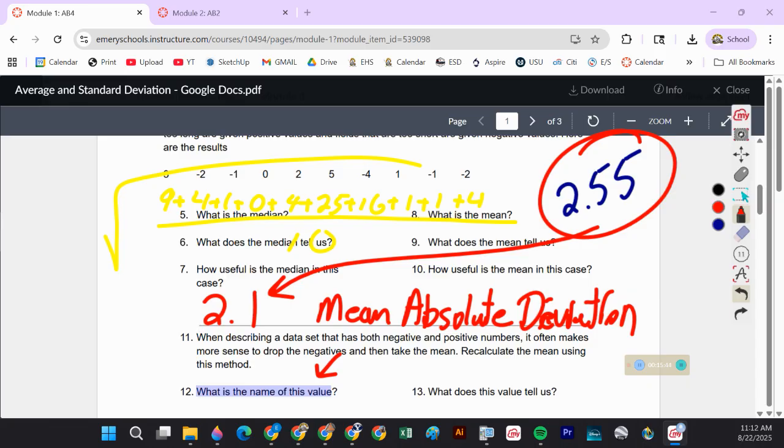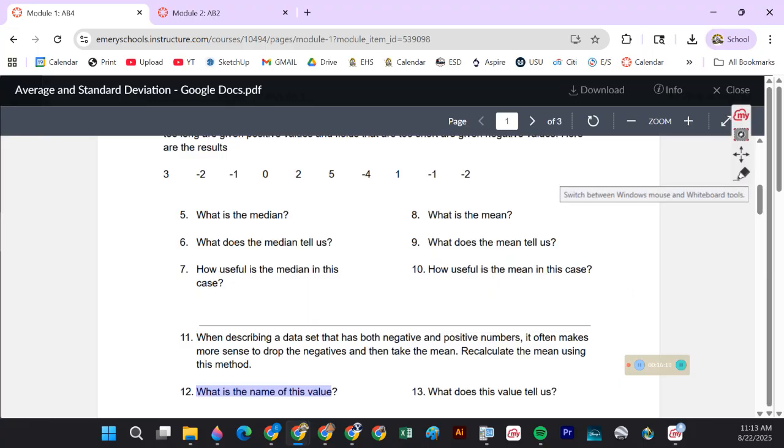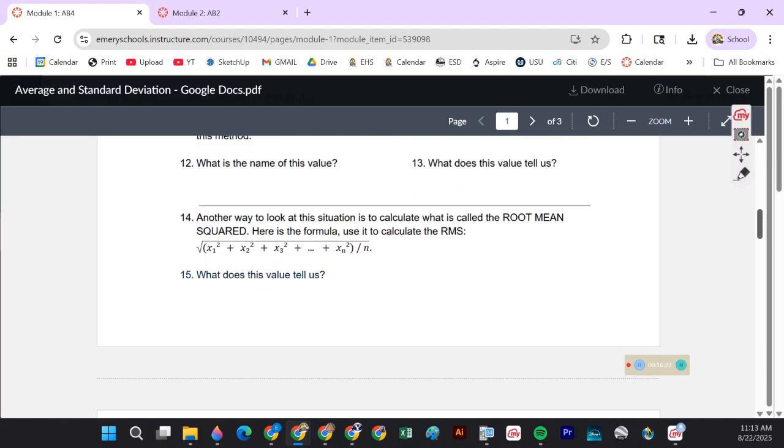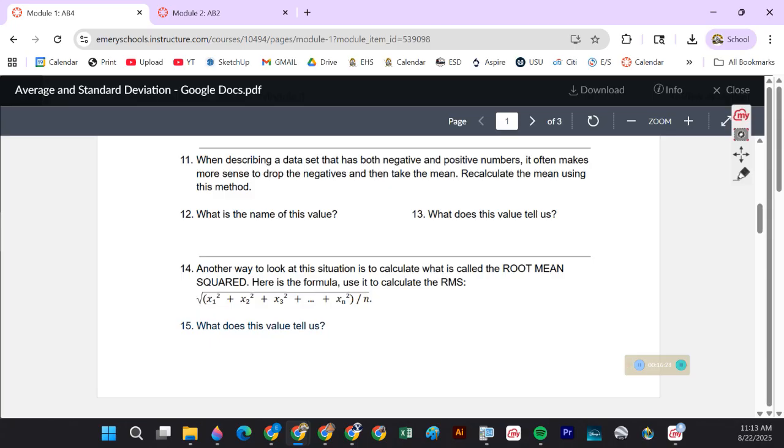But we will use the root mean squared all the time, even though it's a little bit bigger, because it turns out that the amount bigger that it is perfectly suited for what we want to do. And the probabilities we're going to be computing match up perfectly when we do the root mean squared. If you use the mean absolute deviation, you're always going to be a little bit off. So that is what we want. And next question is, what does this value tell us?